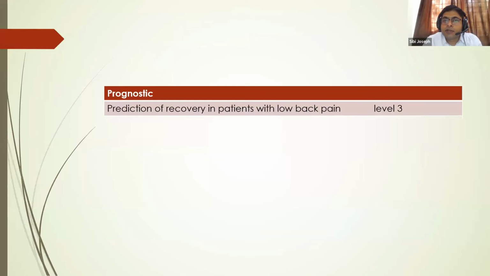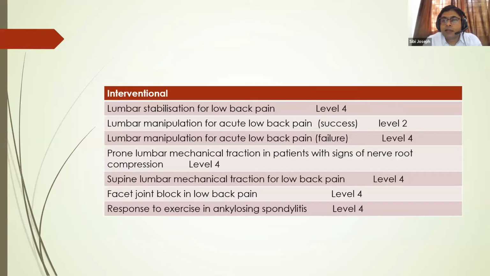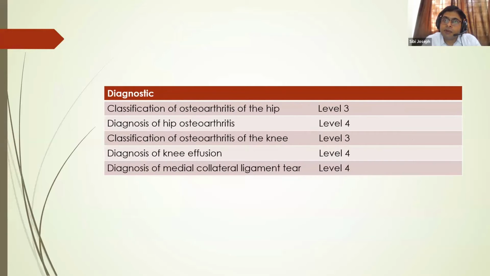Prognostic: prediction of recovery in patients with low back pain, level 3. Interventional: lumbar stabilization for low back pain, lumbar manipulation for acute low back pain, prone lumbar mechanical traction in patients with signs of nerve root compression, supine lumbar mechanical traction for low back pain, facet joint block in low back pain, response to exercise in ankylosing spondylitis, level 4.